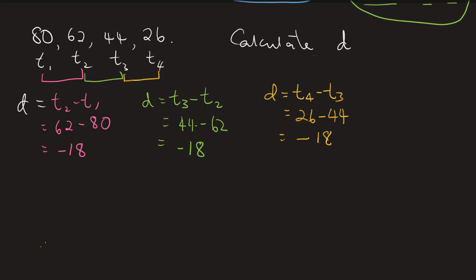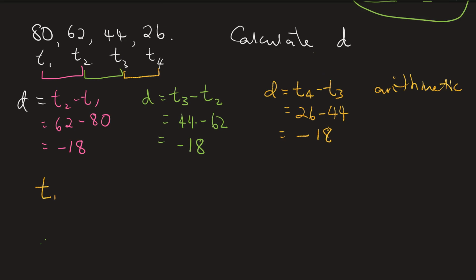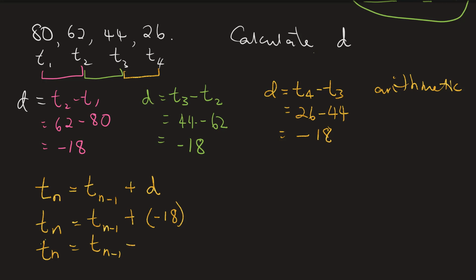So now we can write the function out. Let's write it out two ways. The first way to write it is Tn, so that the term you're looking at is the term just before it plus the common difference. Let's rewrite that. Tn is equal to Tn minus 1 plus negative 18. And if we tidy this up, Tn is equal to Tn minus 1 minus 18. Now let's write it the second way.